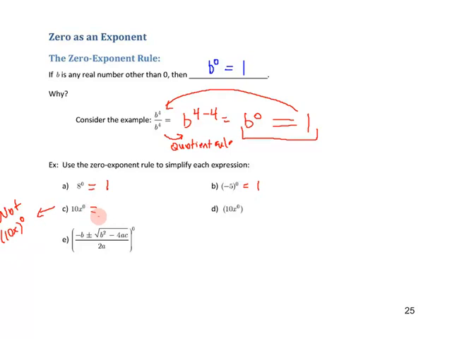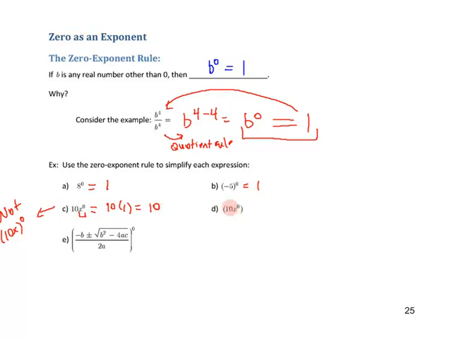But what does your order of operations tell you to do first? Parentheses, then exponents, so you first do this. X to the 0 is 1, and then you multiply. So actually, I tried to throw you a curveball there, but pay attention. 10x to the 0 is actually 10.